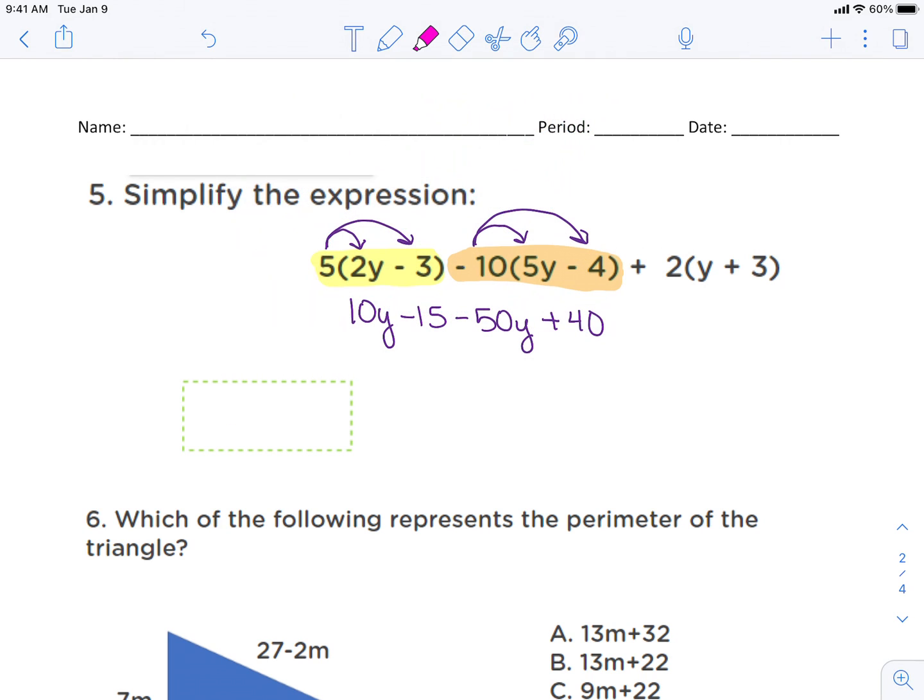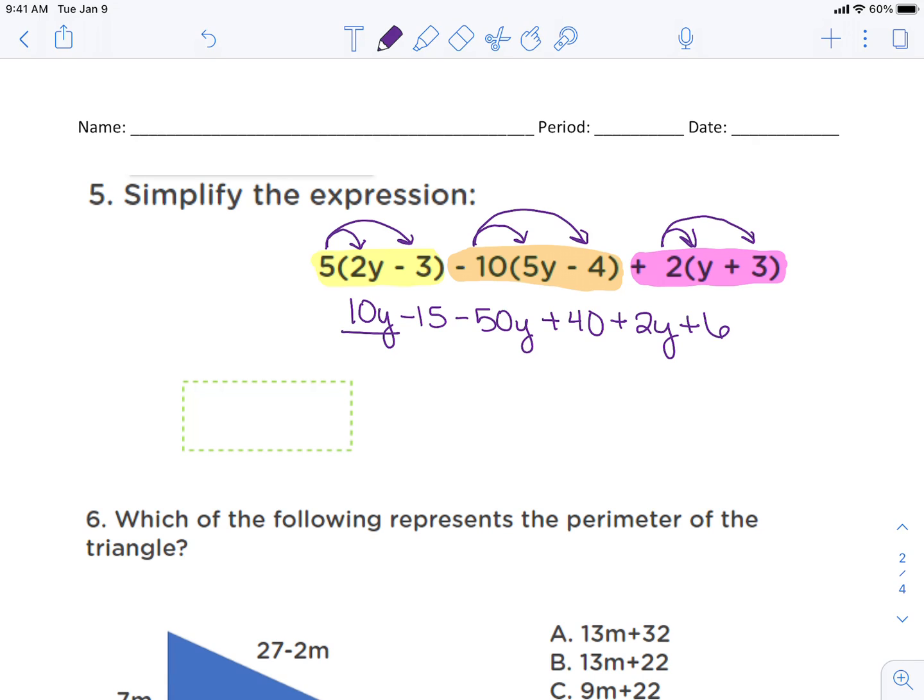Now we go to our next one. The positive 2 distributing to the y plus 3. So 2 times y is a positive 2y. 2 times 3 is a positive 6. From here, we combine our like terms.